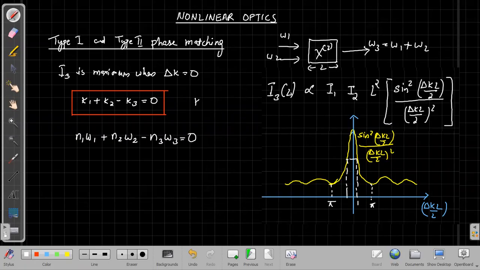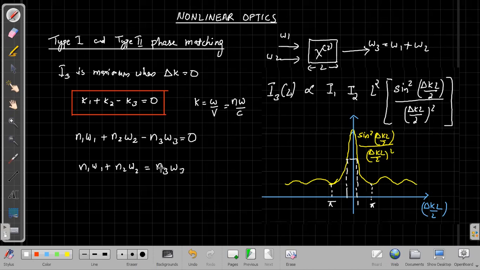Because the wave vector K is nothing but omega by V, and V is C by N. So this becomes N omega by C, where N is the refractive index corresponding to the frequency omega. So K1 is N1 omega 1 by C, K2 similarly N2 omega 2 by C, and then K3. C is common, so C can be cancelled, and hence we can write N1 omega 1 plus N2 omega 2 equal to N3 omega 3.